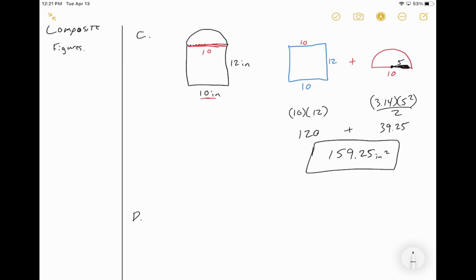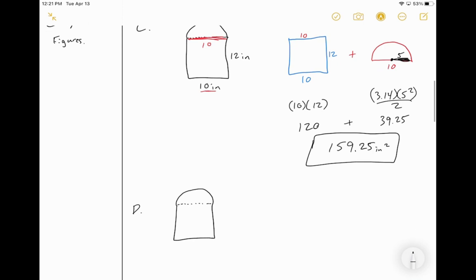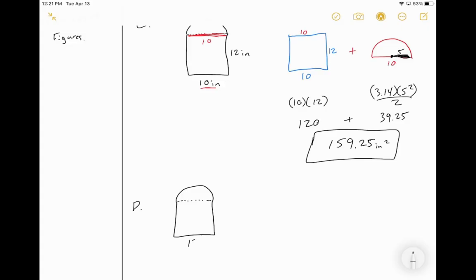Let's do another one of these bread loafy looking problems. Let's say that this is 12 centimeters and this is 9 centimeters. Can you find the area of the whole shape?